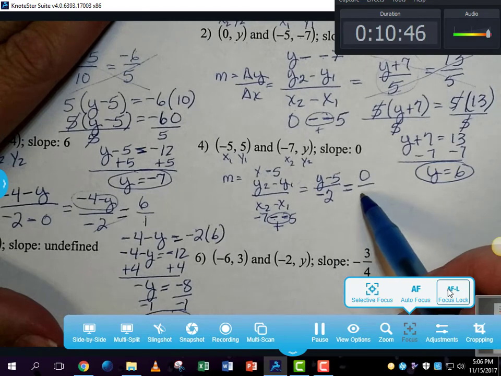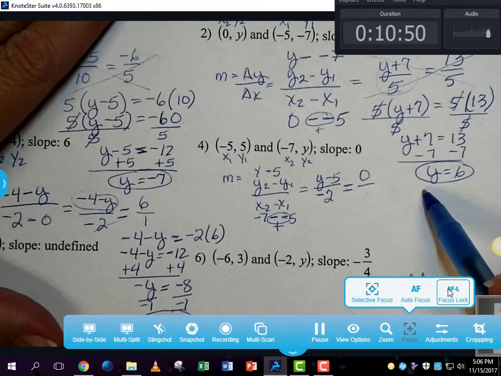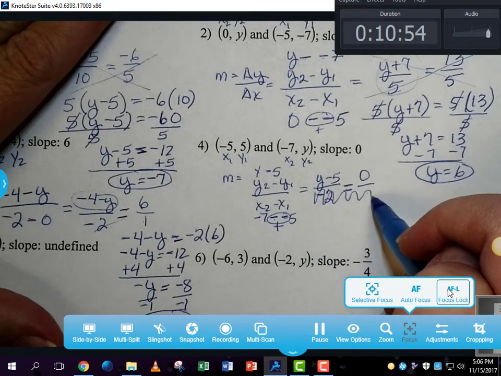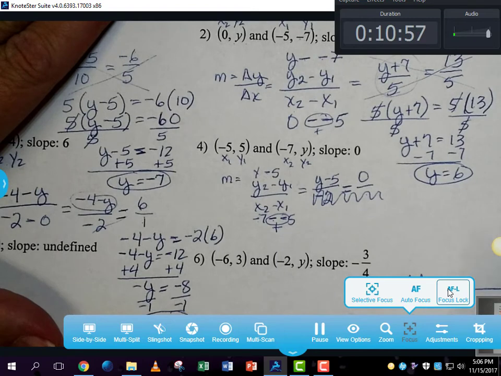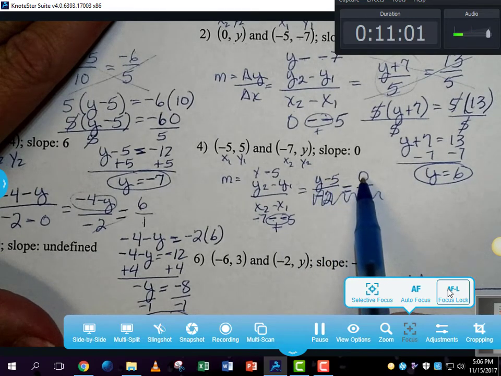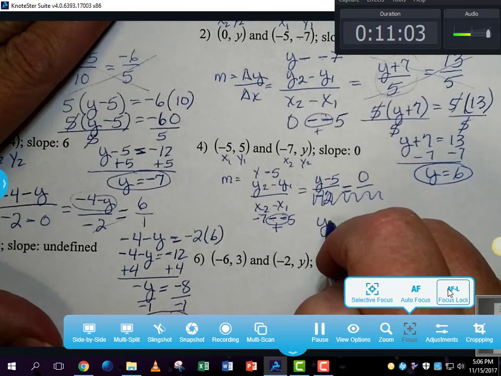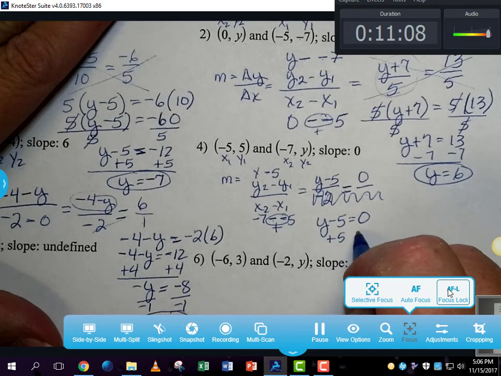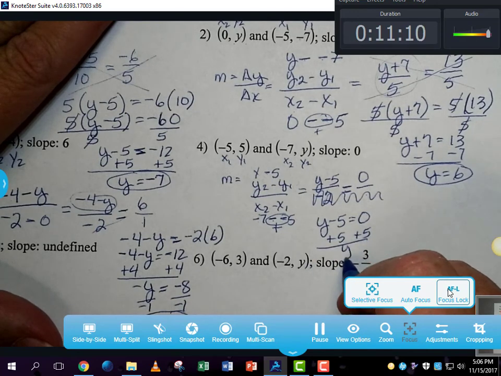Because 0 divided by any number down here will be 0. So I don't even need to worry about this. What I need is y minus 5 to become equal to 0. I need y minus 5 to equal 0. Add 5 to both sides. I get y equals 5.